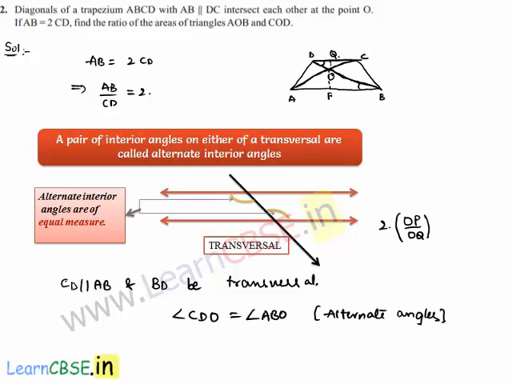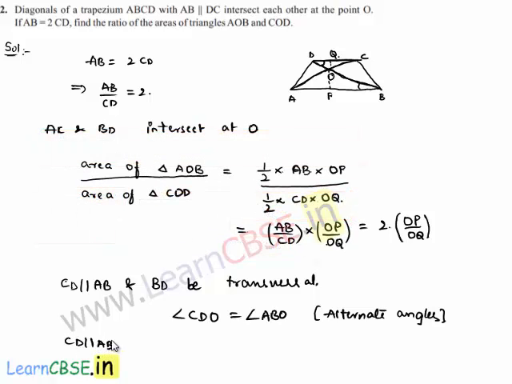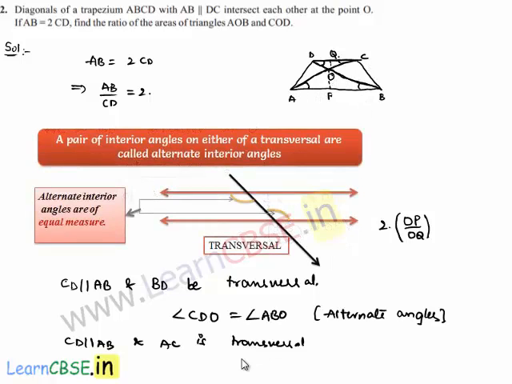And similarly, again assume that CD is parallel to AB and AC is a transversal. Then angle DCO is equal to angle OAB because they are alternate interior angles again.